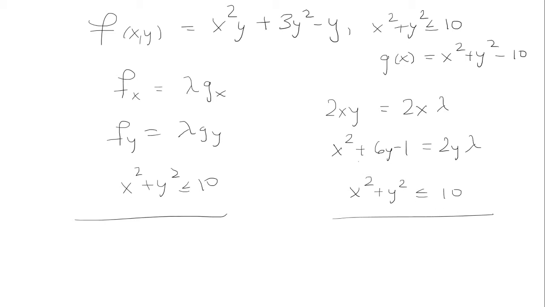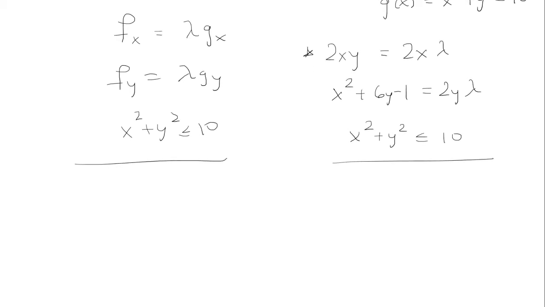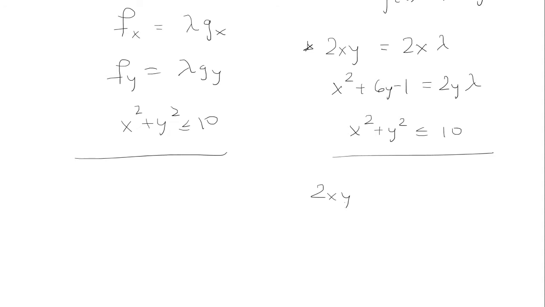So the first thing I'm going to do is work with the first equation. So I have 2xy equals 2x lambda. A common mistake here will be to divide by 2x, because what if x is 0? So it's better to move everything to the left side and then factor.